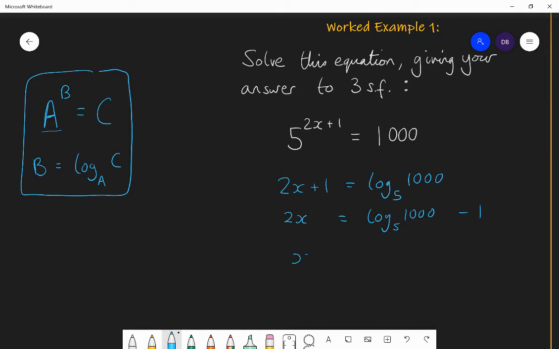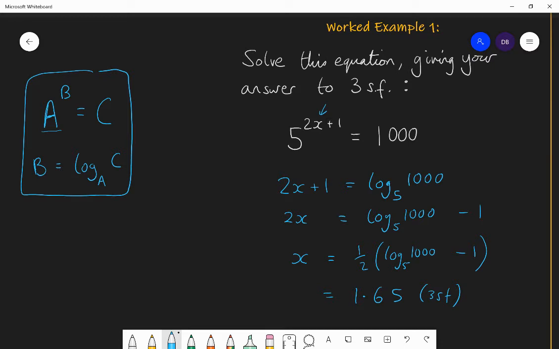So therefore, x is equal to half of all of that. Half of log base 5 of 1,000, dramatic pause, subtract 1, end brackets. And that, to three significant figures, your calculator will give you as 1.65. So if you substituted 1.65 in as x, then that expression would equal 1,000.